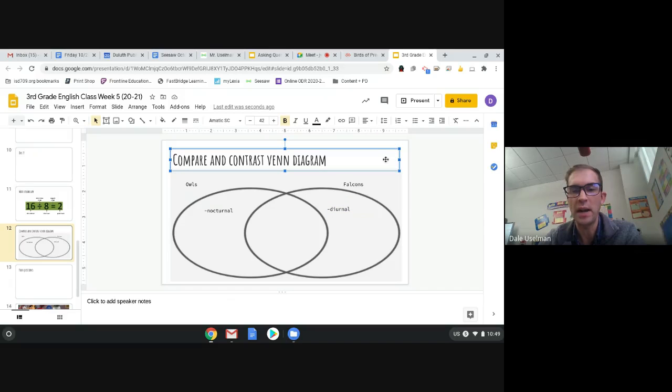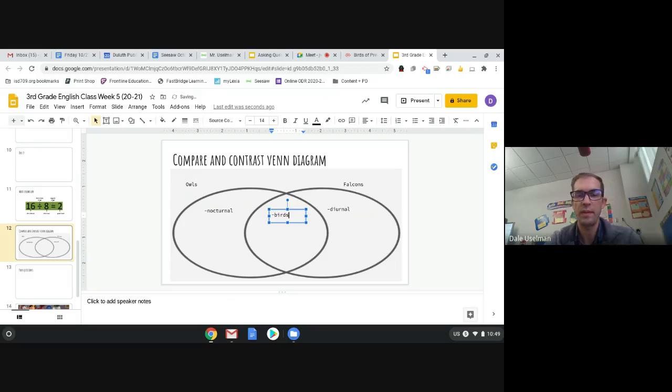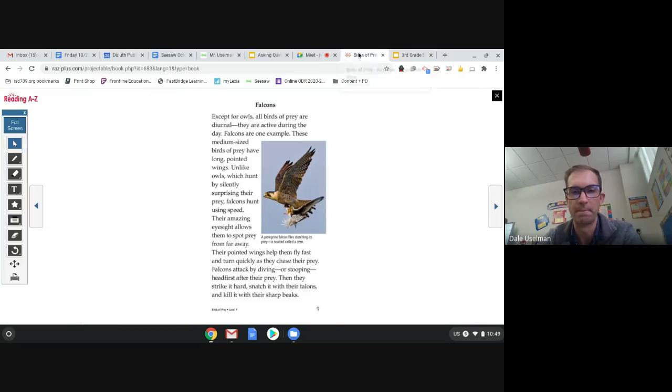While I'm here, I also know that both of these animals are birds of prey. Both of these are birds that are predators. We read that in the introduction. All right, we'll keep reading. These medium-sized birds of prey have long, pointed wings.